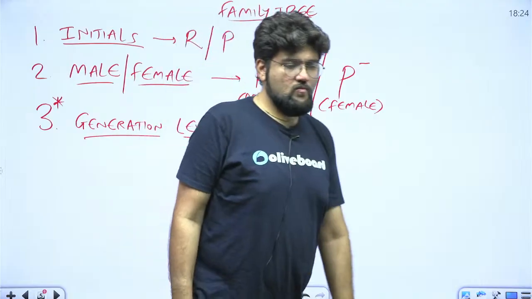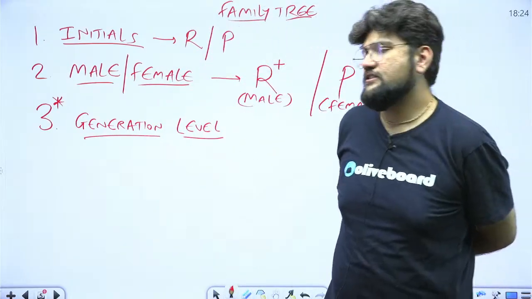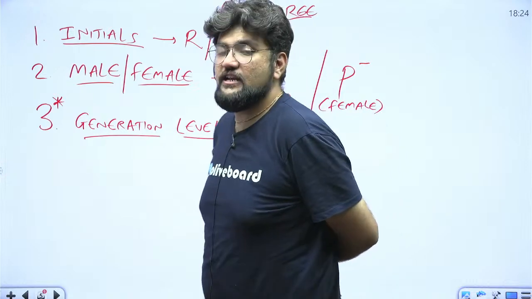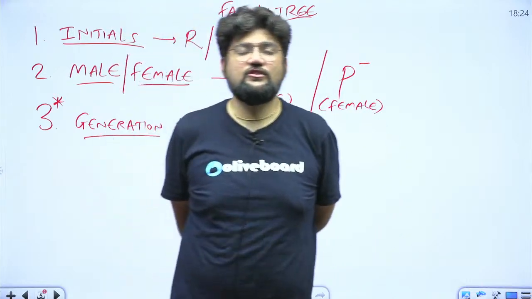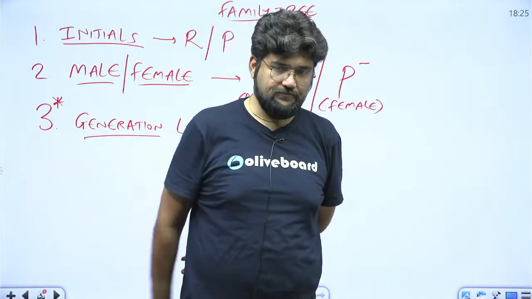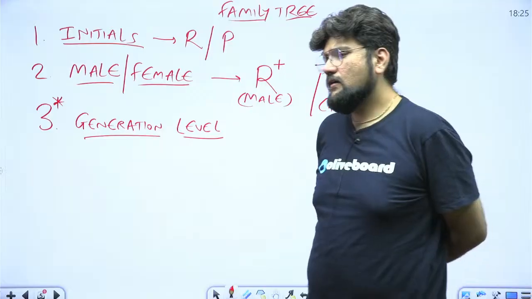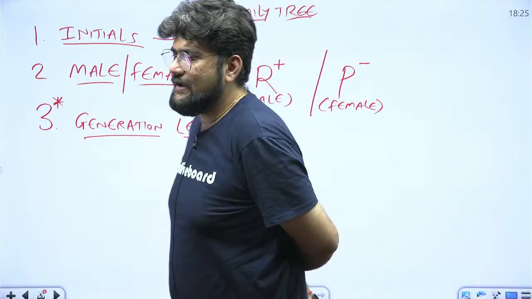Now, whenever I teach blood relations to students, apart from this, I always teach one thing to them, that blood relations has an advantage in the regional and Hindi language as compared to English. And there is a very simple reason for that. Let's suppose I'm talking about my uncle.